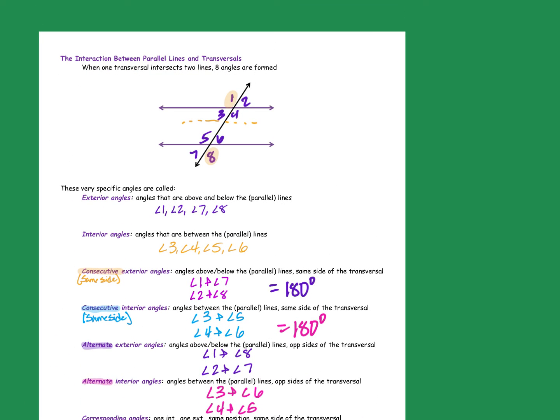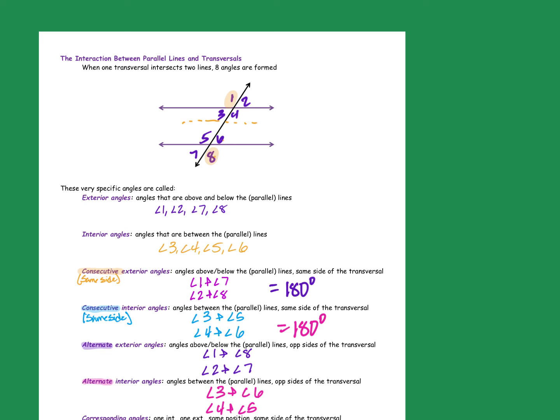So remember, if I cut that in half and slide it up, which angles are going to equal each other? 1 and 5, 2 and 6, 3 and 7, and 4 and 8, right? Can you guys imagine that if I slid that up there? So what angle is going to equal what?